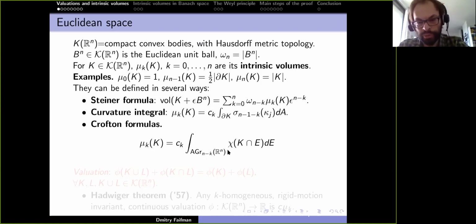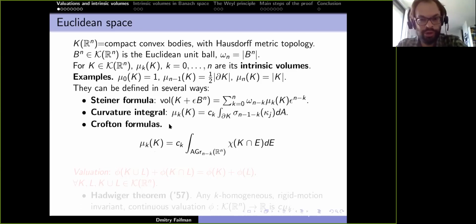So it's going to be either 1 or 0, because K is convex, but in the future, at some point, K will no longer be assumed convex. For now, it's either 1 or 0. And you integrate this function over the affine Grassmannian. And that's going to be the same thing.